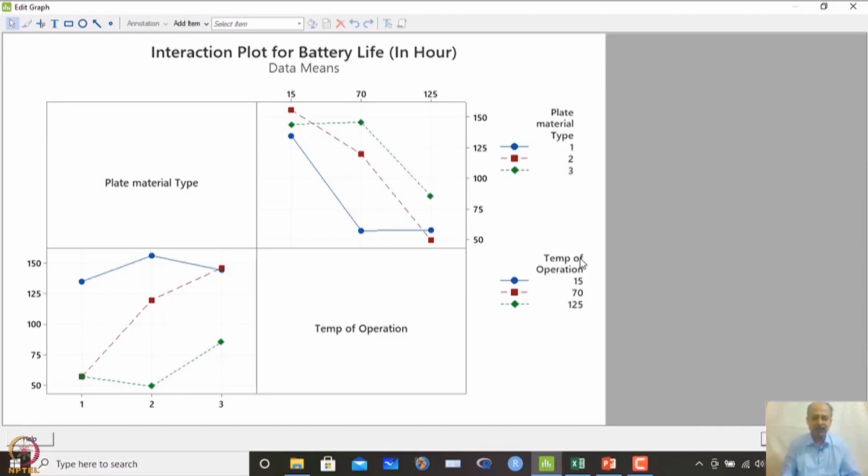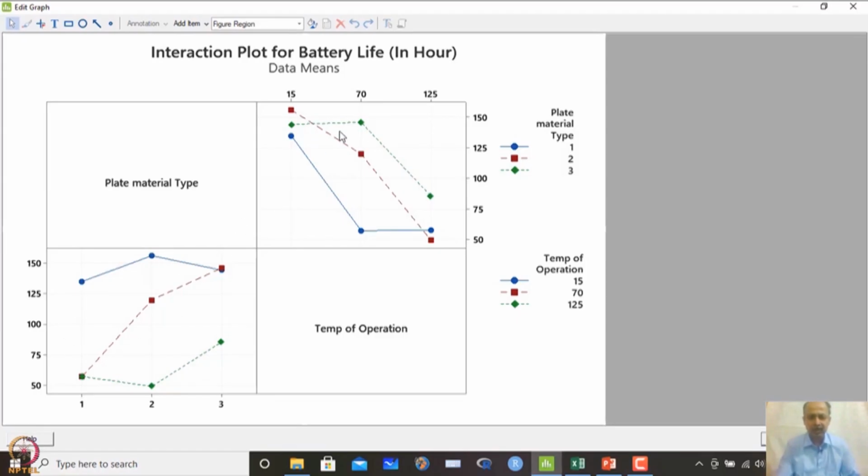If there is interaction, you can expect that the lines will cross each other, and here you are seeing that the lines are crossing. Whenever such an interaction scenario is prominent, the lines will cross each other and will not be parallel. Let us look at the upper right hand side corner.